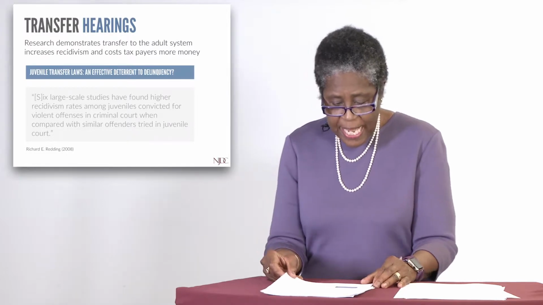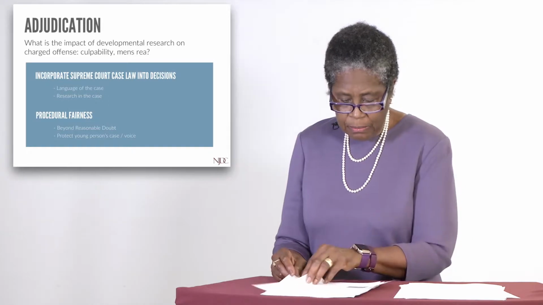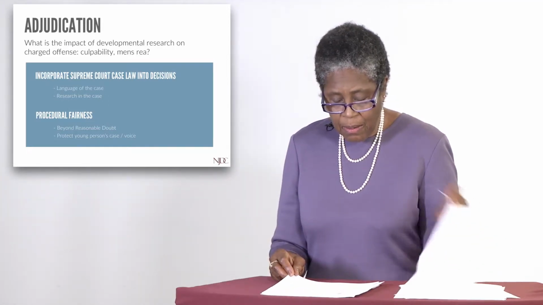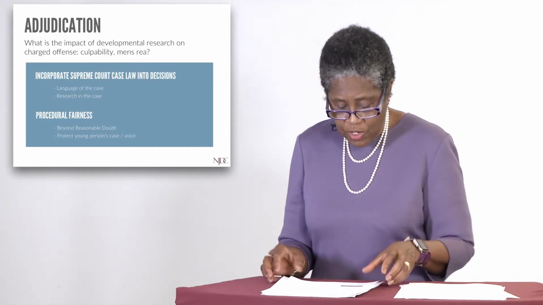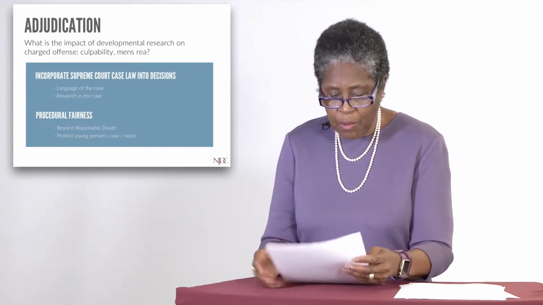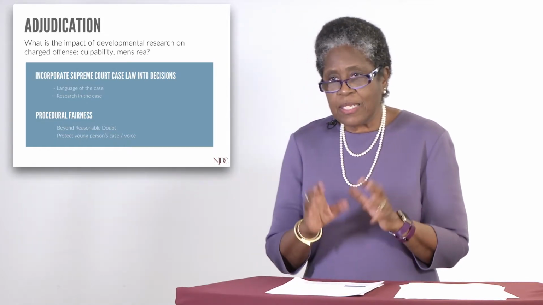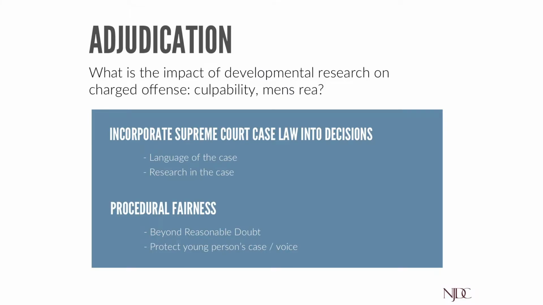So at the adjudication stage, I think what we will see more in courts, I'm hoping, is that as attorneys represent their clients, they will incorporate all that we learned from the Supreme Court cases and come before judges making arguments using the language and the research from those cases to help judges.